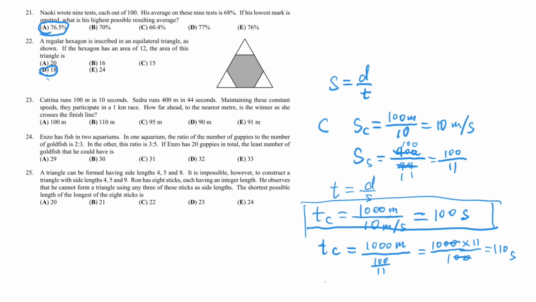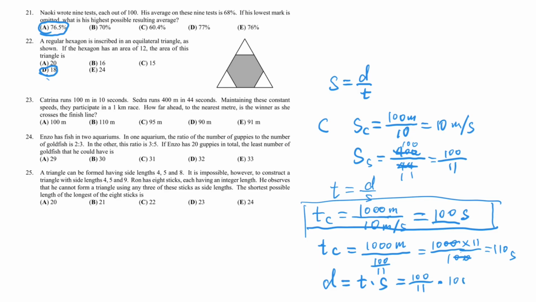So for Sandra, what's her distance? Distance equals time times speed. The speed is 100 over 11. The time for Katrina to touch the finish line is 100 seconds.